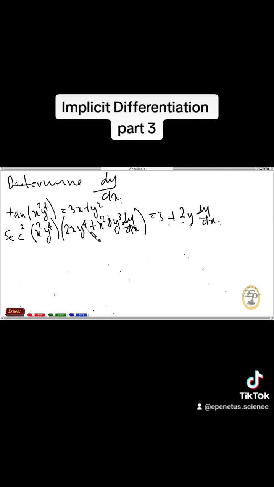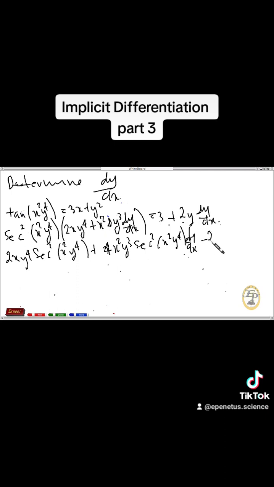So next thing I have to remove the brackets so that we have dy/dx. So here I'm going to have 2x y to the 4 sec squared x squared y to the 4 plus 4x squared y cubed sec squared x squared y to the 4 dy/dx minus 2y dy/dx is equal to 3.